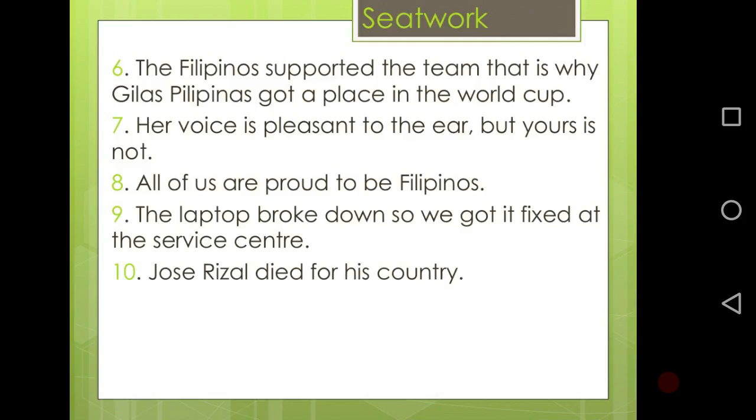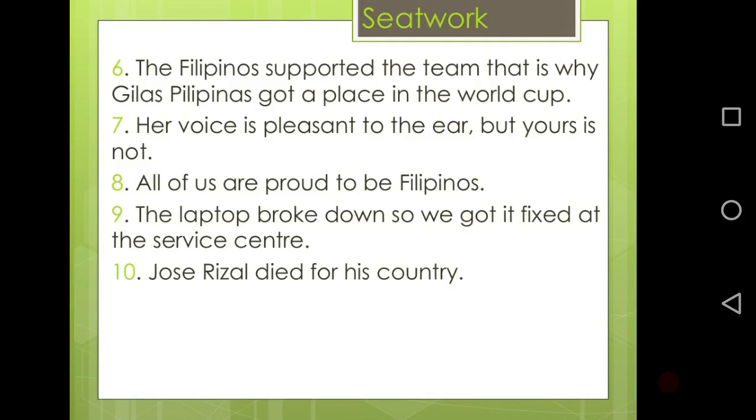It shows the reason. So that is why Gilas Philippines got a place in the World Cup. It is an adverb clause, and it is a complex sentence.